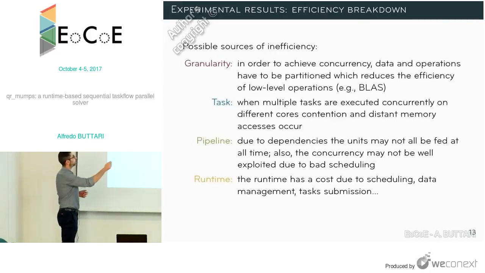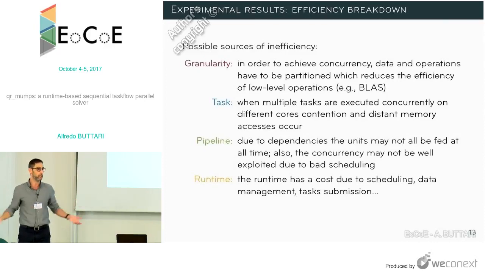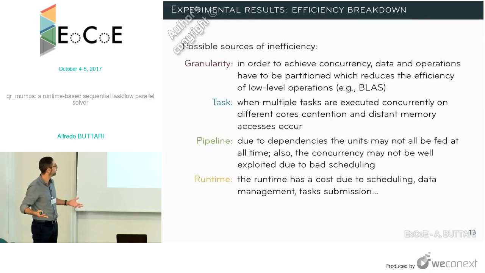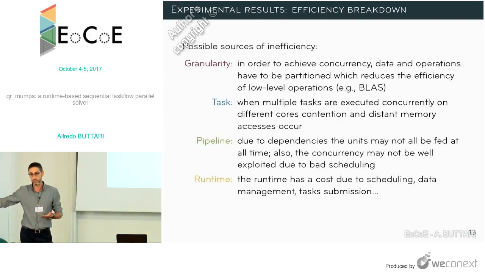And pipeline efficiency. Ideally we would like to have a DAG with no edges. That basically means that all the tasks are independent, but life is not that easy. We have dependencies, and this basically means that maybe at some point, even if we have like 1 billion tasks left to be done, none of them is ready. So CPUs will have to wait for some tasks to become available, okay?